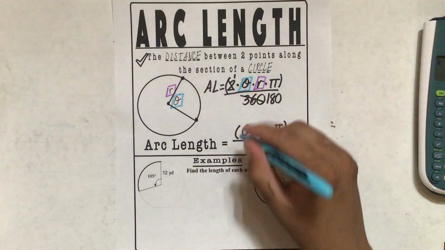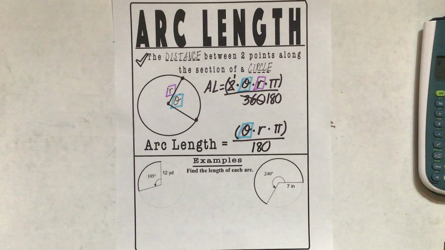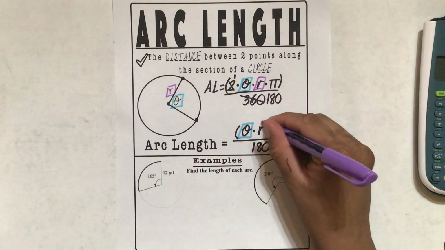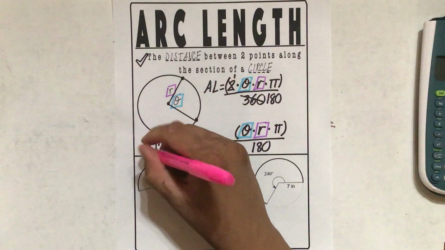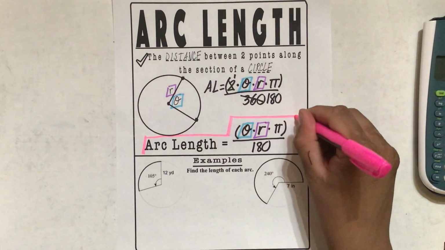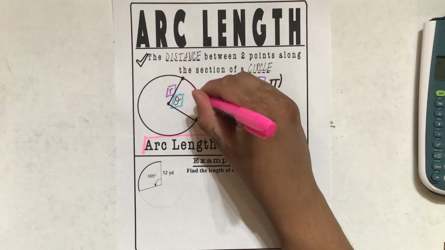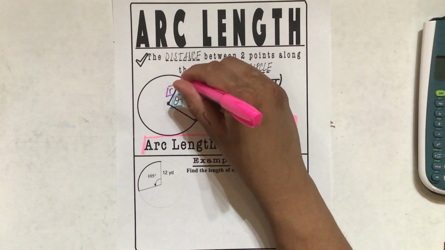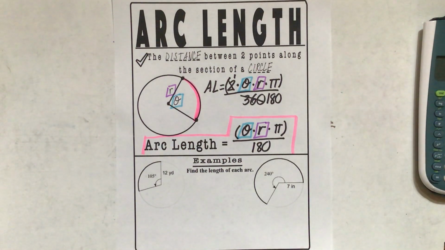Again, theta is in blue and the radius is in purple. This is our key formula that we're going to use to solve all of these problems where we're looking for the arc length, the distance from one point to the other, in pink.